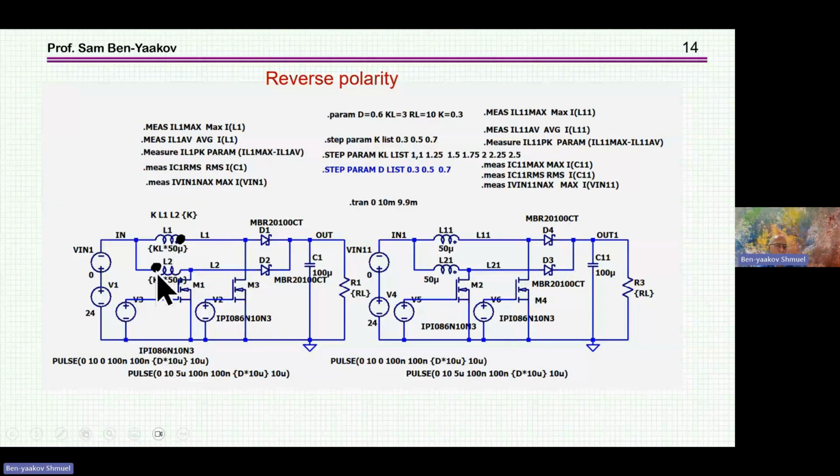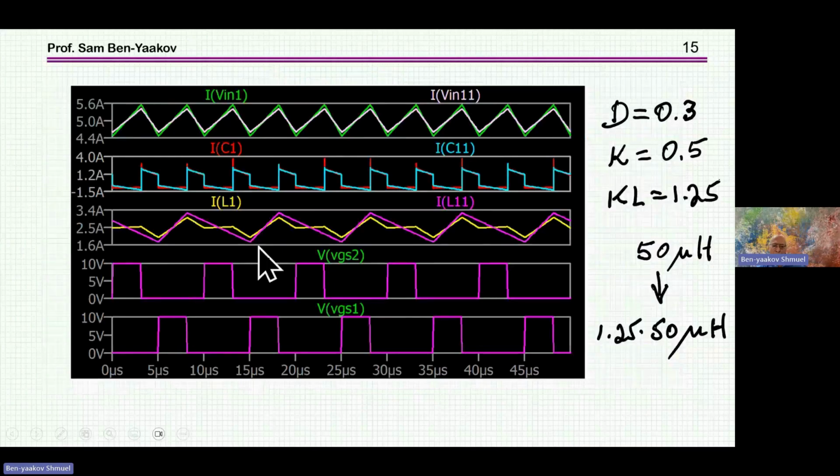Okay, in this reverse case, I can get the same performance in terms of the same ripple with a much smaller inductance. Again, this is not one-to-one corresponding to the size, because the size also depends on the flux, which I'm going to talk about. And it's not just the current and the ripple, you have to worry about other things.